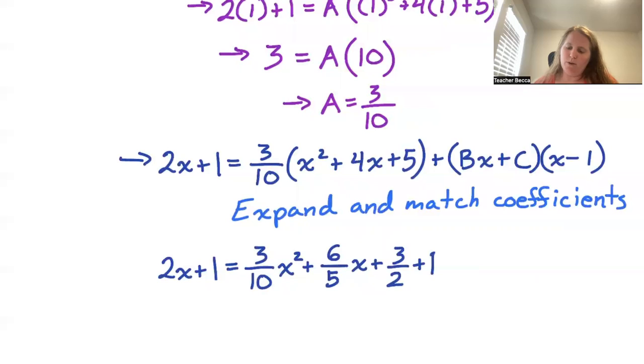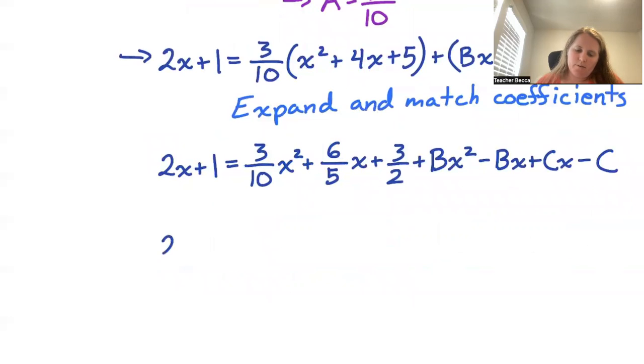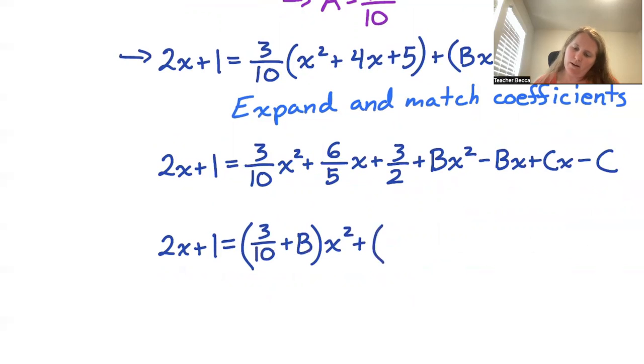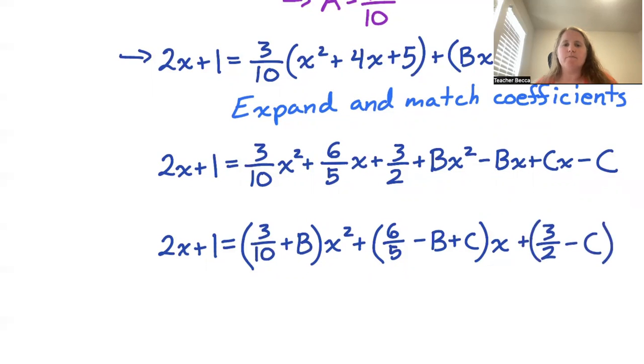Then we have a plus Bx squared minus Bx plus Cx minus C. So this becomes 2x plus 1 is equal to, we have a 3/10 plus B times x squared. Then we have a 6/5 minus B plus C, all multiplying x. And finally, we have a 3/2 minus C for our constant term.